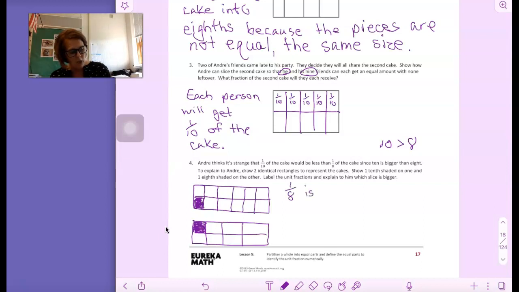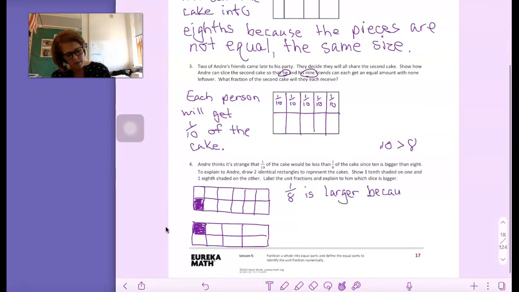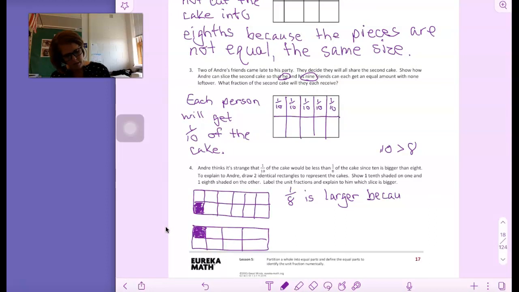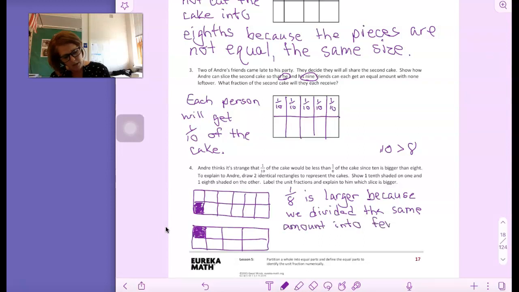1/8 is larger because we divided the same amount into fewer parts. 1/8 slice of a cake is larger because we divided the same amount into fewer parts.